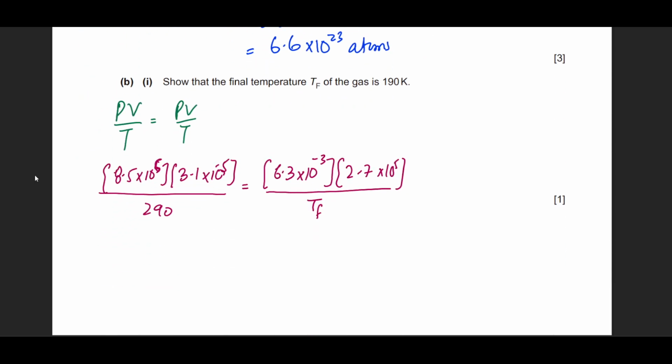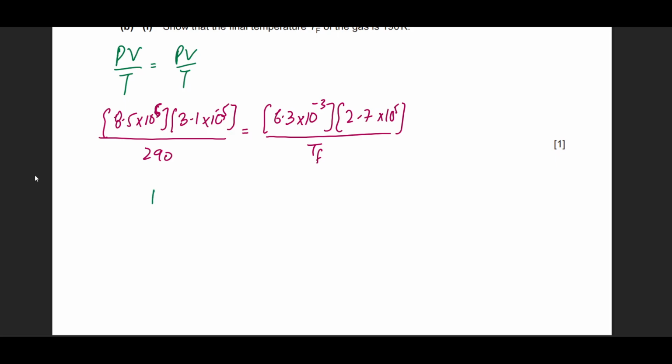So TF can be found by this method as 187 point something, which would be rounded off to 190 Kelvin.